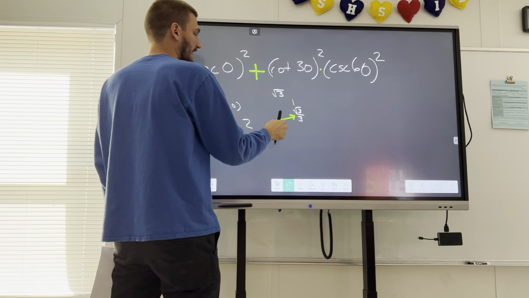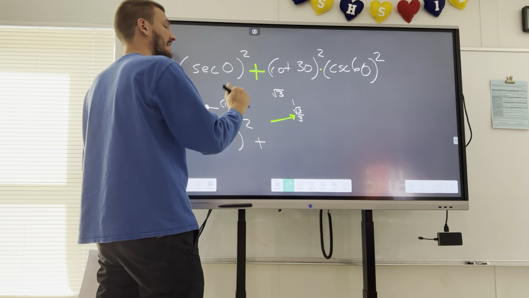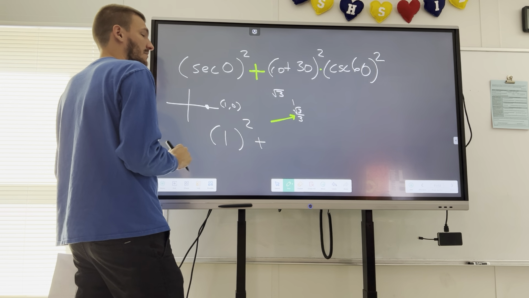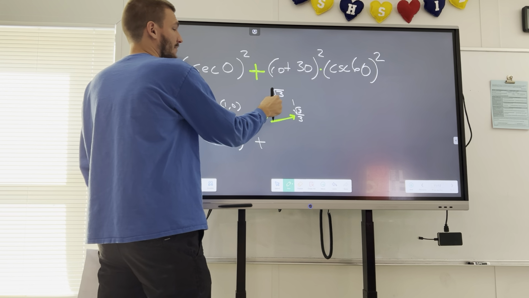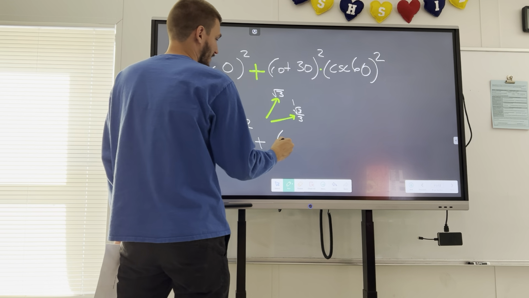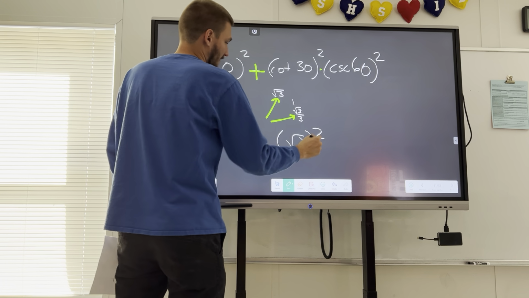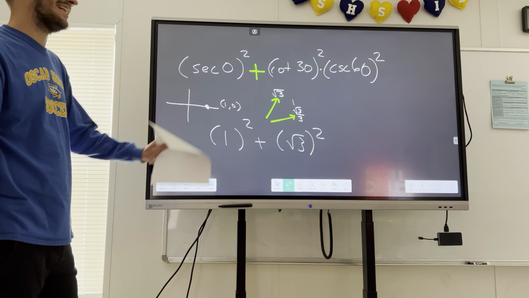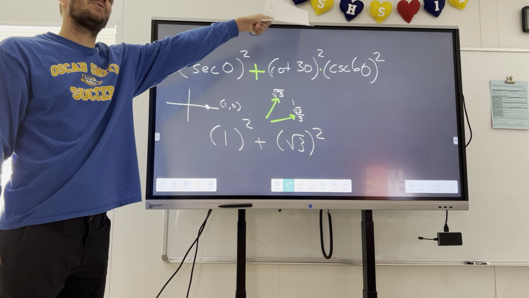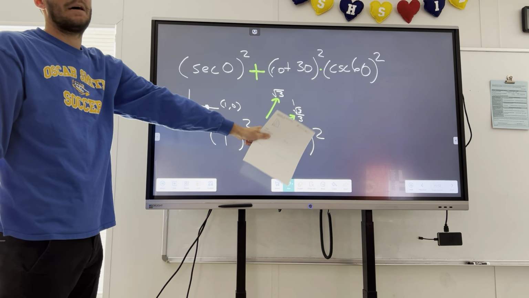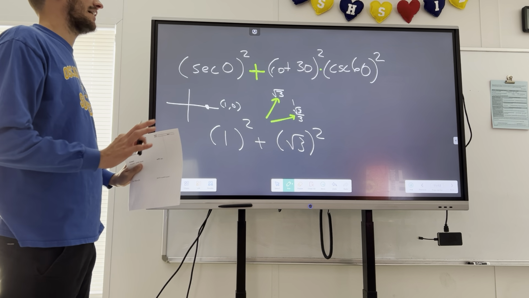Cotangent of 30 is going to be this one upside down, which ends up looking like that one: square root 3 squared. Now I like that squared because it's going to get rid of my square root. So that's working kind of nice.